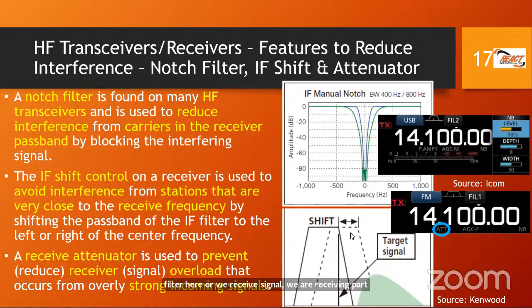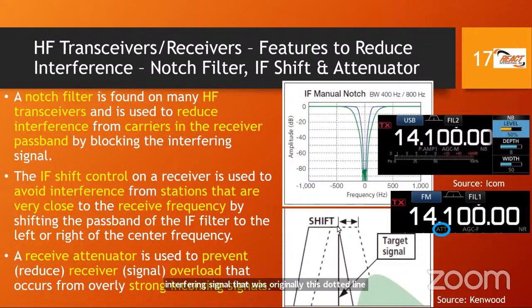So what we do is we use a tuning dial or button on the radio, and we shift our notch a little bit to the left so that it's the signal, the interesting signal that we want to listen to, that ham radio operator that's talking to us, for example, we want to listen to him or her, and we shift the notch to the left so that that signal is still within the pass of that notch, but the interfering signal that was originally, this dotted line here, were originally part of what we were listening to, we kind of get rid of it by avoiding it.